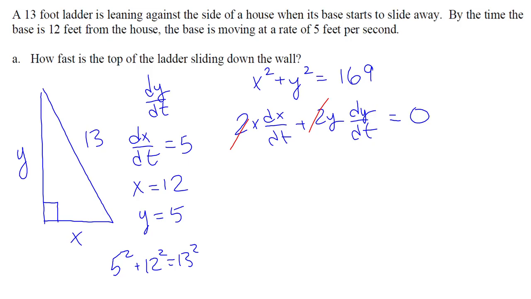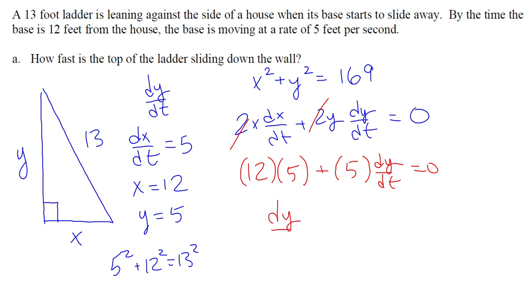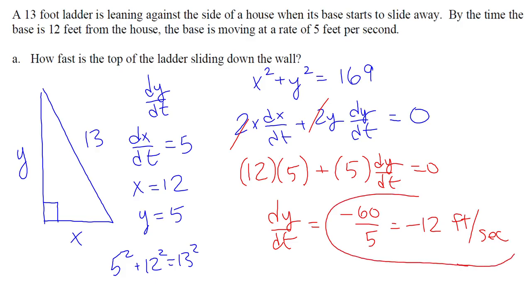And if we're looking for dy/dt, we just solve and plug everything in. x is 12, dx/dt is 5, y is 5, and we're looking for dy/dt. Well, dy/dt should just be negative 60 over 5, which is negative 12 feet per second. I guess we didn't need to circle the unsimplified version. Just circle that.